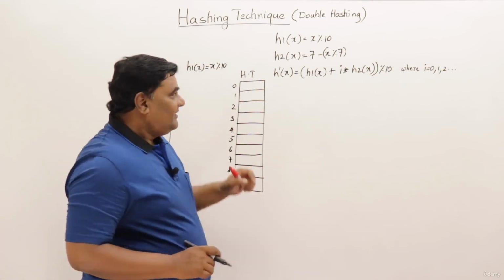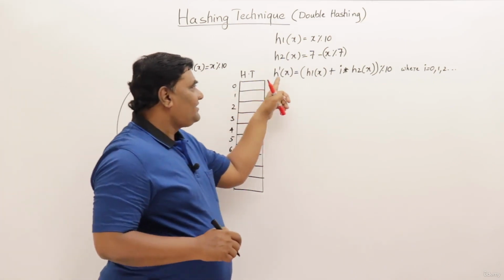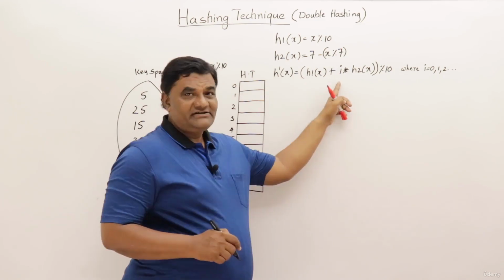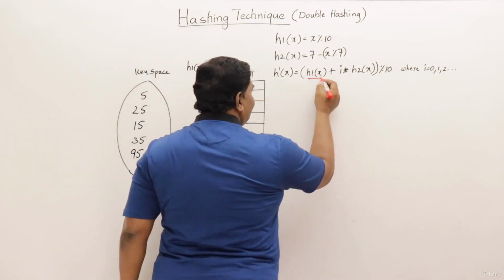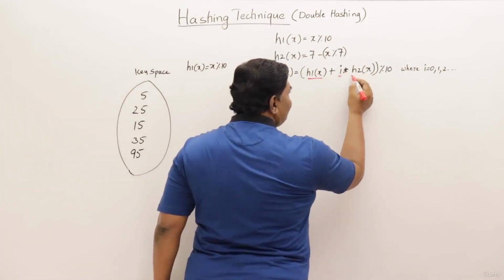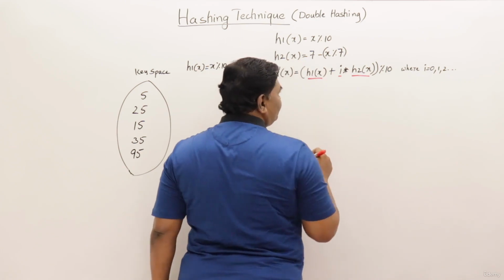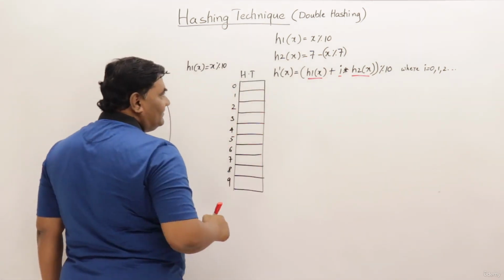The next thing, we will use the regular hash function. If there is a collision, then we will try to use this modified hash function. So let me explain this modified hash function. This is h1, same, plus i times the result of the second hash function. And this entire result is taken mod the size of the hash table.